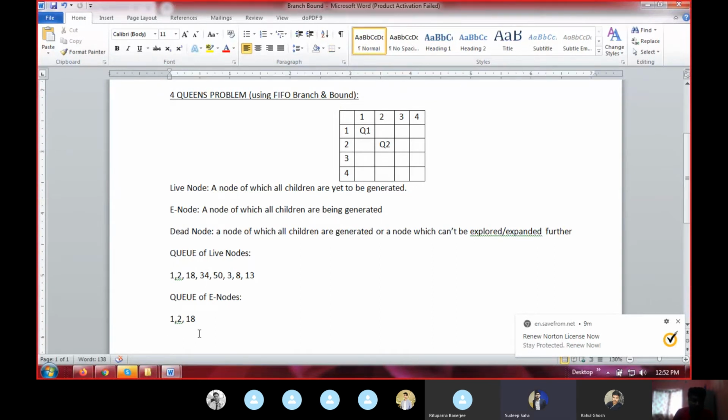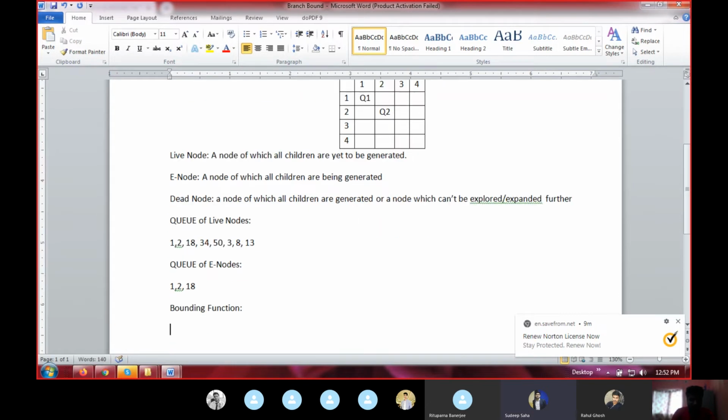What is the bounding function? The bounding function is no two queens can be placed in the same diagonal.